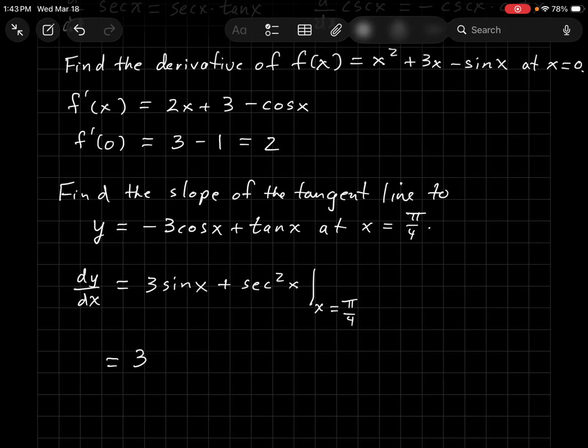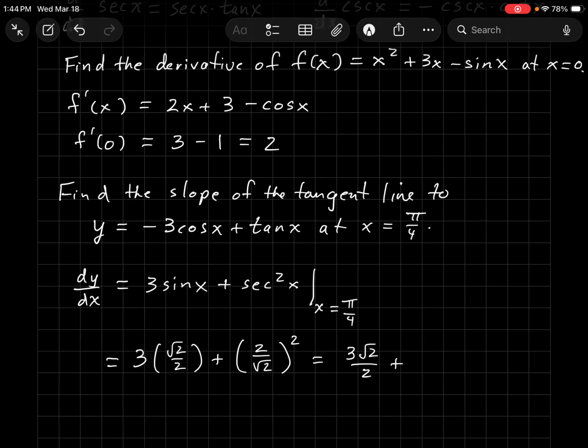The sine of pi over 4 is root 2 over 2. The cosine of pi over 4 is root 2 over 2 as well, which means the secant, being the reciprocal of cosine, is 2 over root 2 and then squared. Simplifying, we get 3 root 2 over 2 plus 4 over 2, or 2.